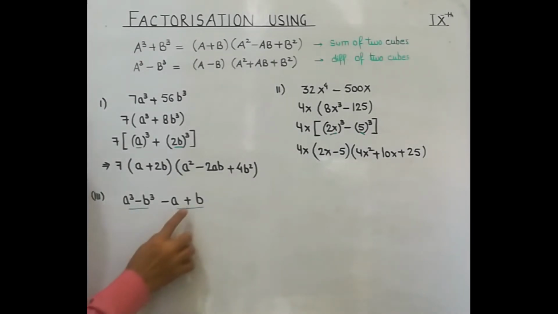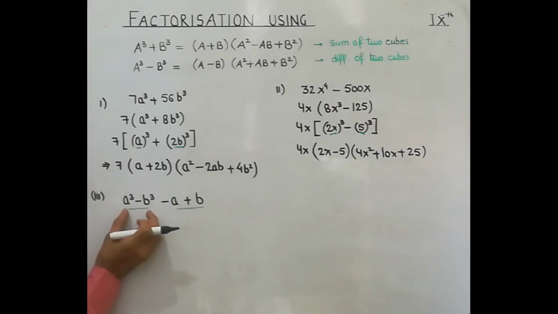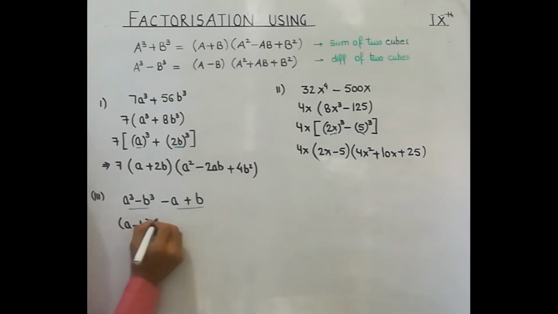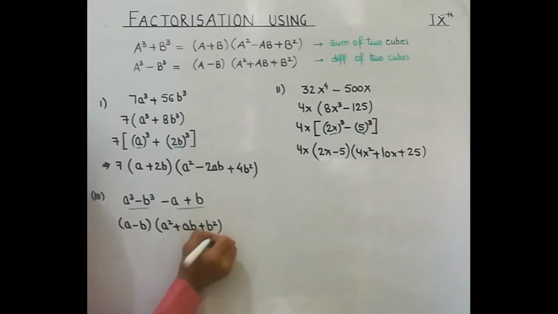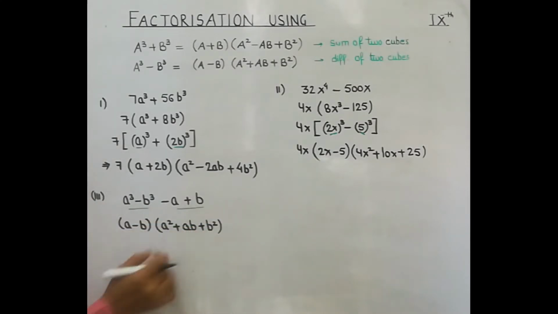Now, I told you, whenever a group is starting with a minus sign, first of all you apply the formula for this. Now for this A cube minus B cube, the formula is A minus B into... so here we have directly applied the formula.